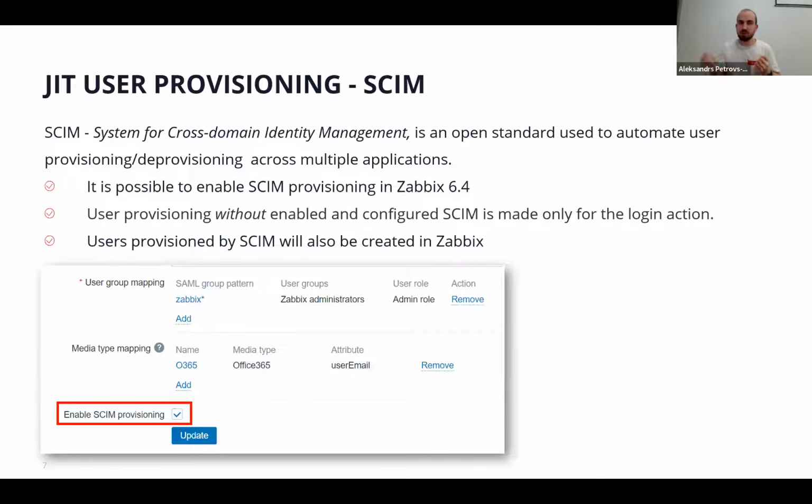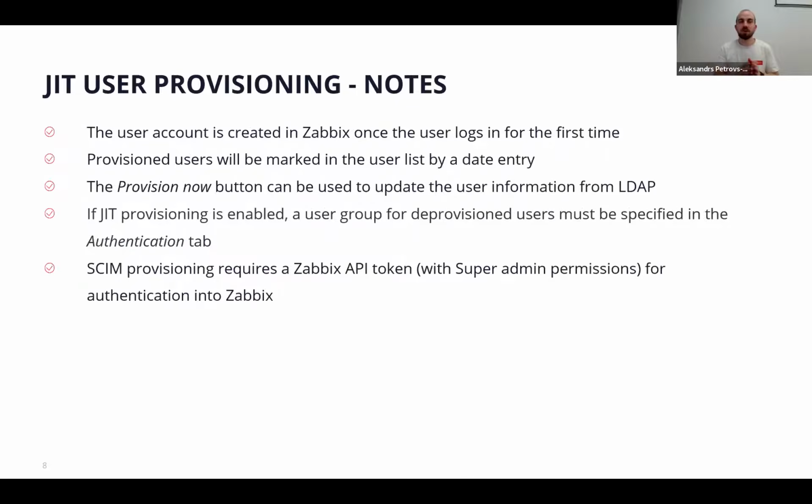So users can be provisioned to Zabbix as well. But keep in mind, user provisioning without an enabled and configured SCIM is made only for the login action, so that the user can actually log in. But the users provisioned by SCIM will also be created in Zabbix, again, based on the attributes they will have.